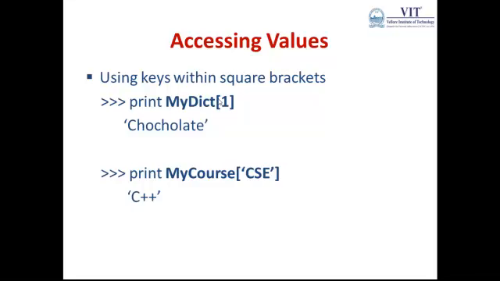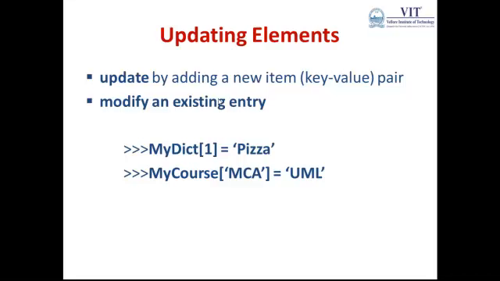And now let's see how to update the elements in the dictionary. Suppose we are going for updating an element in the dictionary. You can modify it, but again we need to modify it through the key. Look at the last two statements. I have given my dict of 1 equal to something.